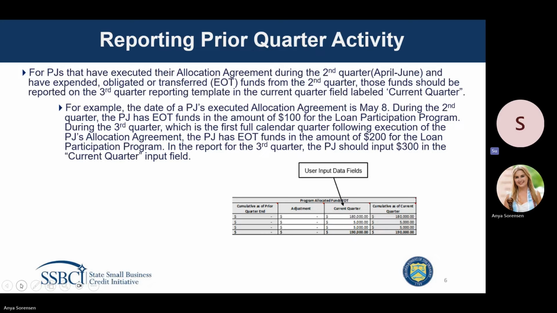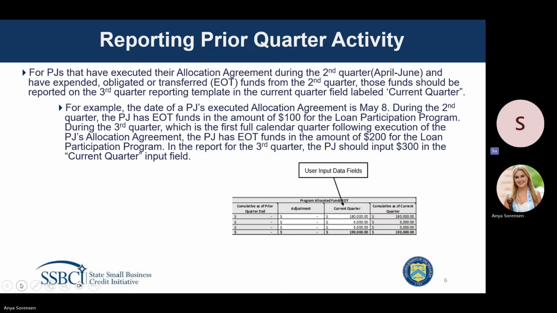And in the third quarter, which is the first full calendar quarter following the execution of the allocation agreement, the jurisdiction has expended additional funds in the amount of $200 for the loan participation program. For third quarter reporting, which is the first required reporting period for this jurisdiction, the jurisdiction should input $300 in the current quarter input field.